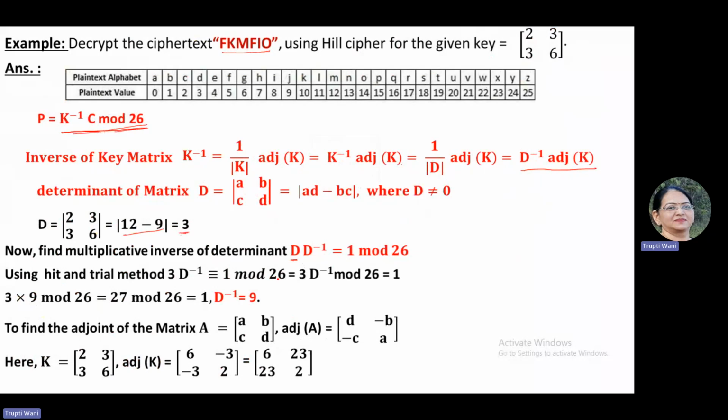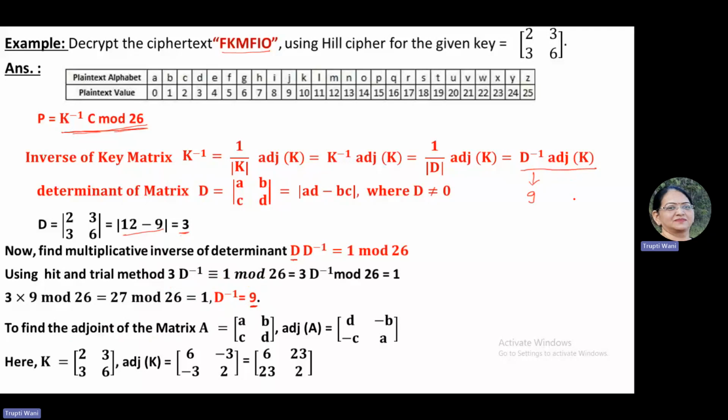Use the trial and error method, or we can use the extended Euclidean algorithm to get the inverse of 3. 3 nines are 27, and 27 mod 26 gives 1. So 9 is the value of D inverse. So 3 inverse is 9.